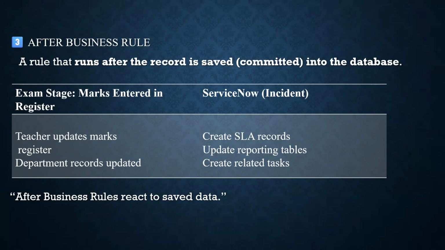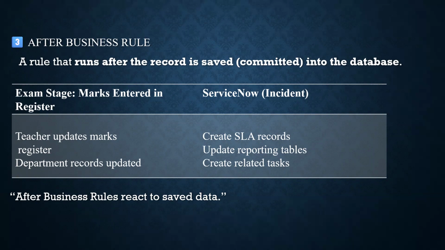The after business rule is a rule that runs after the record is saved into the database, so after the data is committed. We can compare this with the examination. The before business rule is like writing the exam.